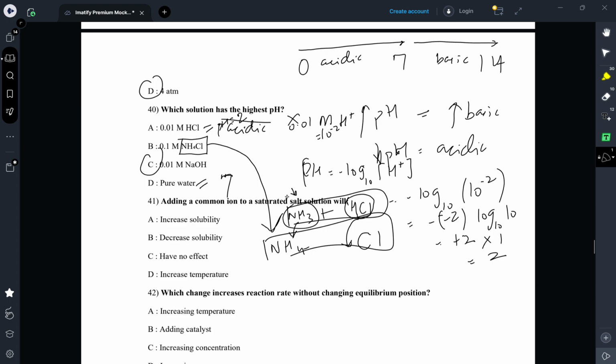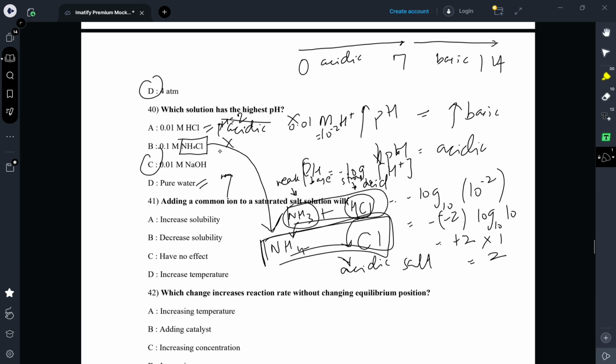Now NH3 is a weak base, and HCl is a strong acid. So because HCl is a strong acid and NH3 is a weak base, this salt will be an acidic salt.